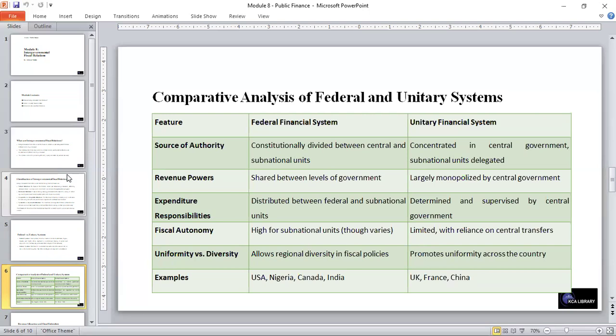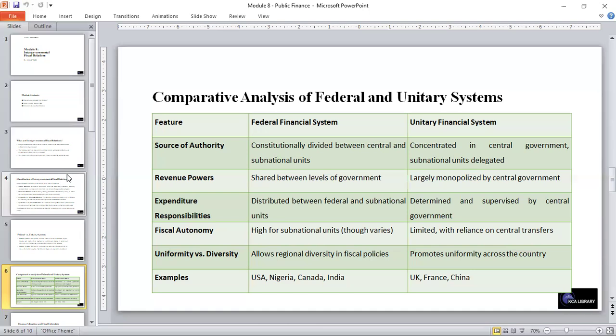As per expenditure responsibility, it is distributed between federal and subnational units. For fiscal autonomy, there is high autonomy for subnational units, though it varies. Also, for uniformity and diversity, the federal financial system allows for regional diversity in fiscal policy. Examples, just like I said, are the USA, Nigeria, Canada, India, and such.